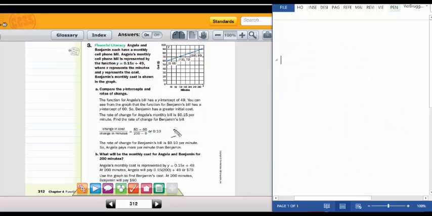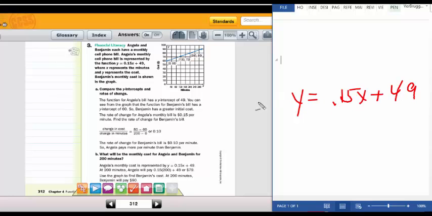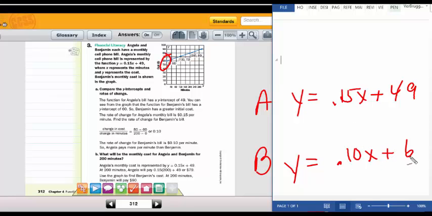What will be the monthly cost for Angela and Benjamin for 200 minutes? We had two different equations here. We have y equals 0.15x plus 49 for Angela, and for Benjamin we had y equals 0.10x plus our intercept here of 60.